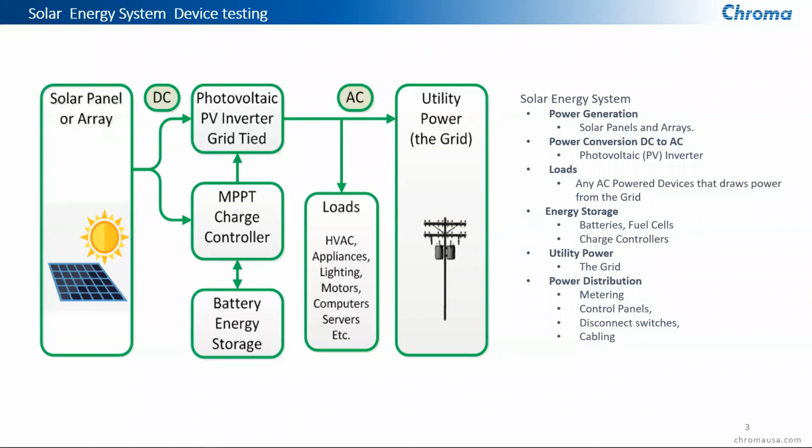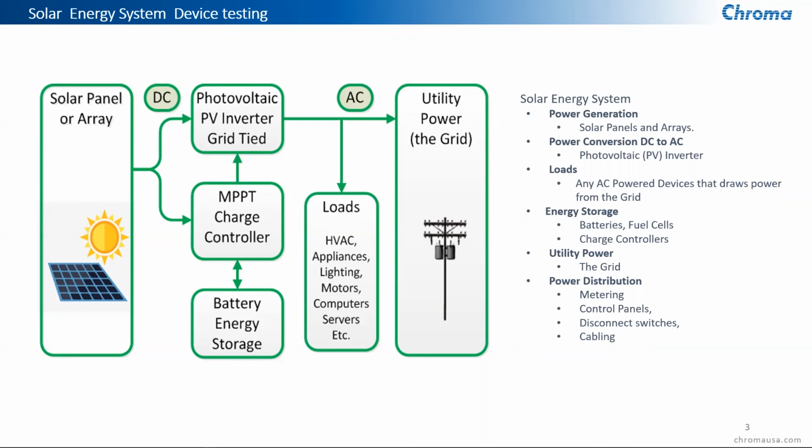We're also going to be noting some things about hybrid PV inverters. And hybrid PV inverters include something known as a charge controller for battery energy storage as well. And then, of course, we'll talk a little bit about loading and the different things that are powered off of the inverter, and how they interact with the unit and how they tie to the grid as well.